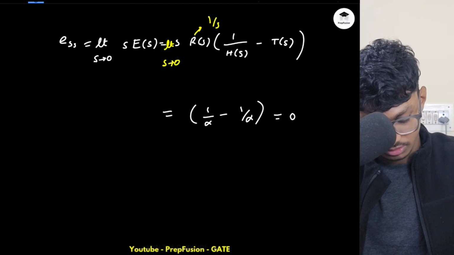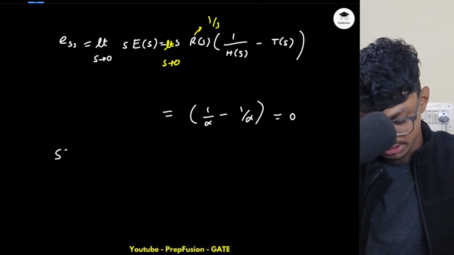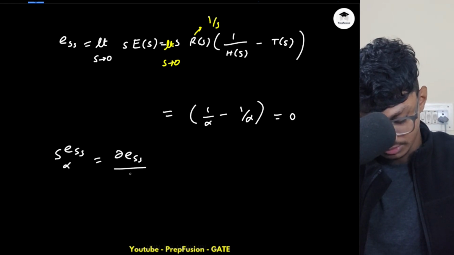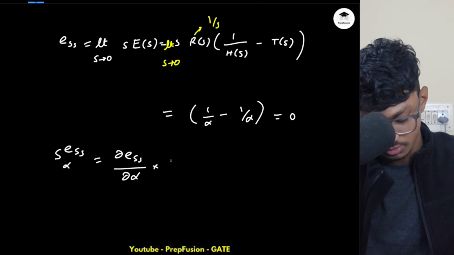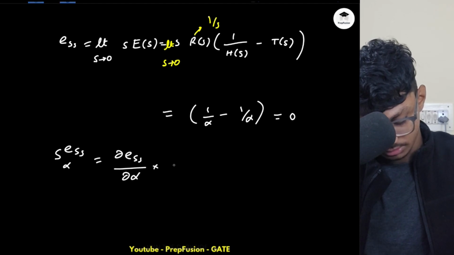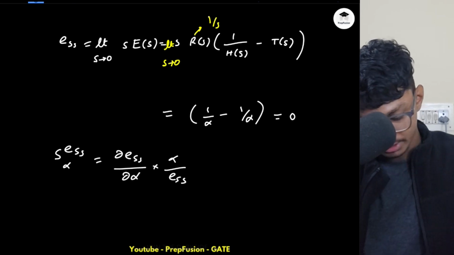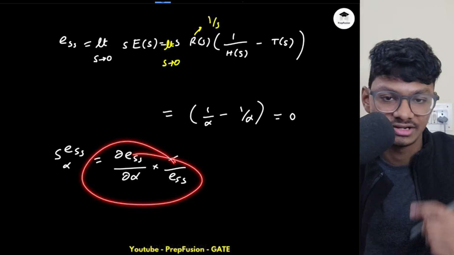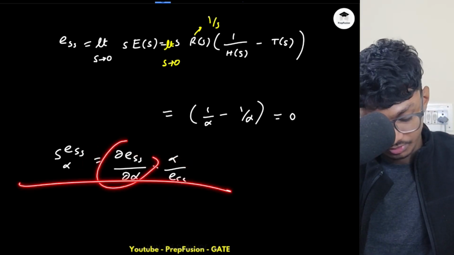Okay, it is 0. So what will be the sensitivity of ES of S with respect to alpha? It will be simply D ES of S differentiation with respect to alpha into this value, right, into ES of S into alpha. But as your steady state error itself is 0, I cannot define it, right?